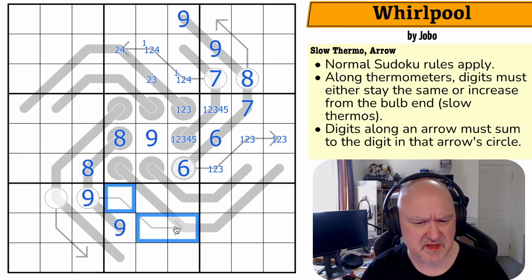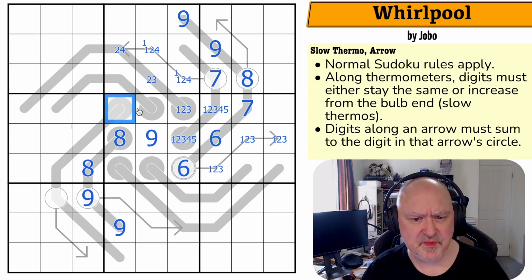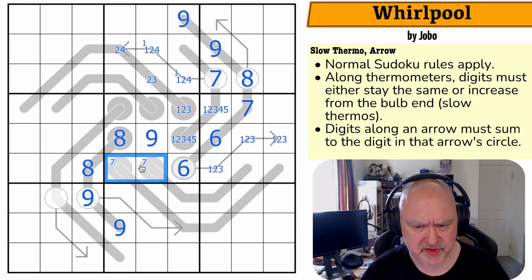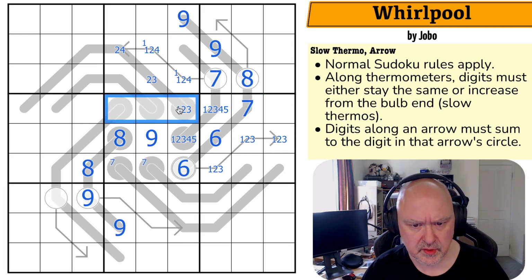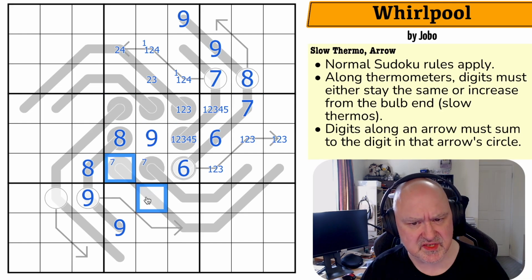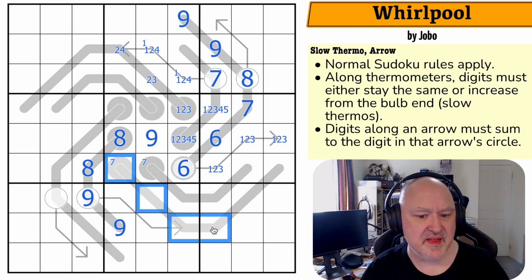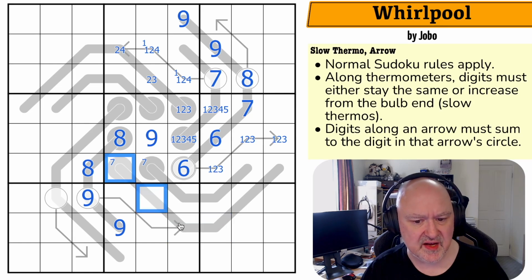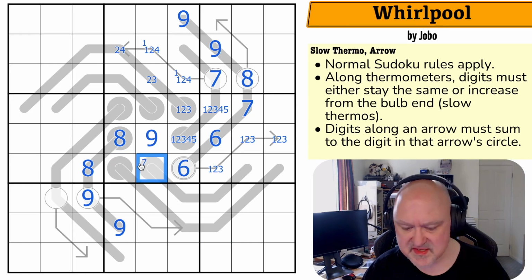These have to sum to 9, but there's a few different ways of doing that. I have to put a 7 in one of those 2 now by Sudoku, because I can't put 7 in any of those. If this is 7, this could be 7, this could be 8, but then this would have to be 9. 7, 7, 8, 9 doesn't work. So that's not the 7. This is the 7.